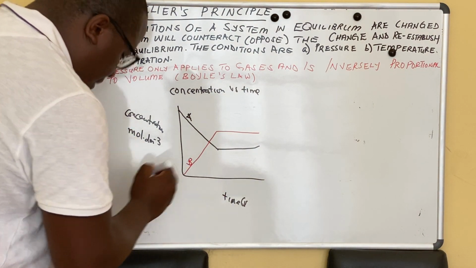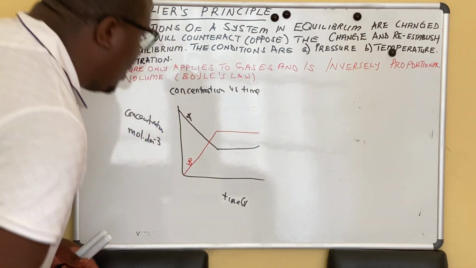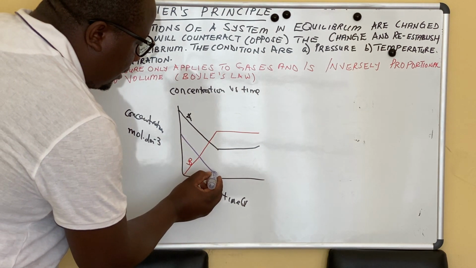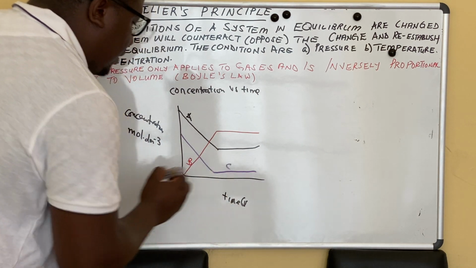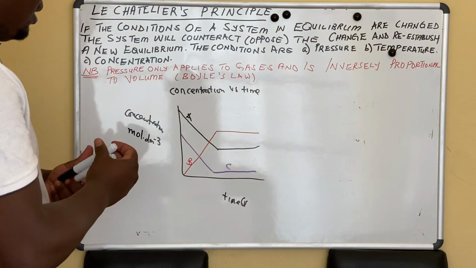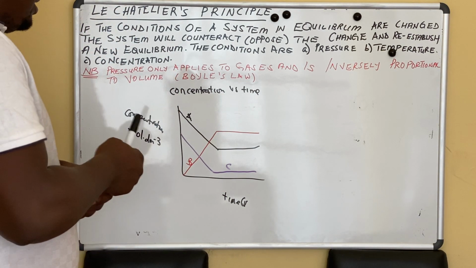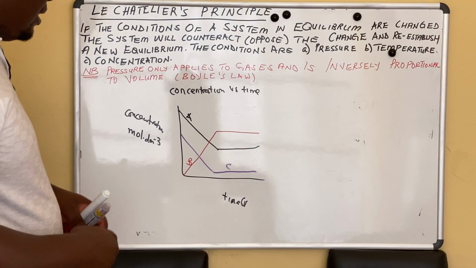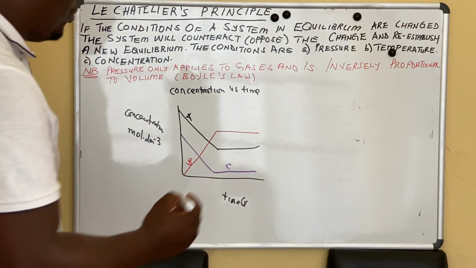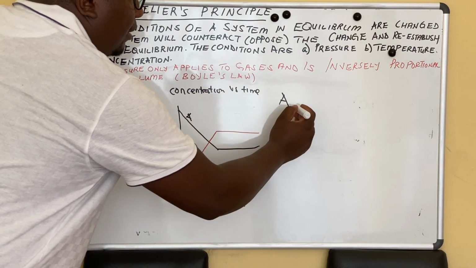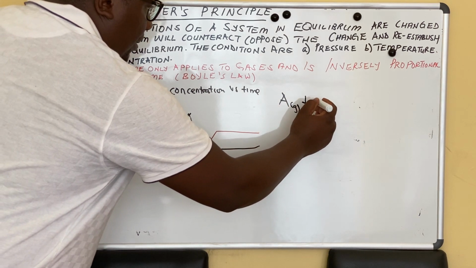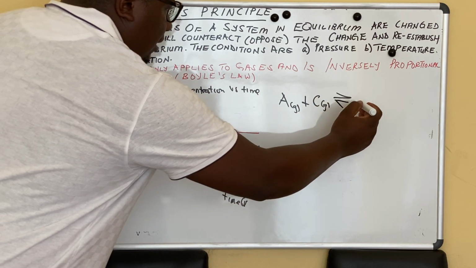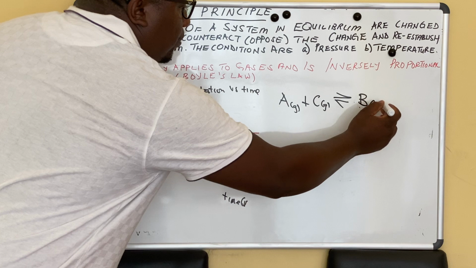Let's call this one B, and then another graph which is like this, and let's call this one C. Then I can write my hypothetical equation there. You can clearly see that A and C are reactants because their concentrations are decreasing as the reaction progresses. So my reaction would be gaseous A plus gaseous C, reversible reaction sign, gaseous B. This is a synthesis reaction. They are combining to form gas B.